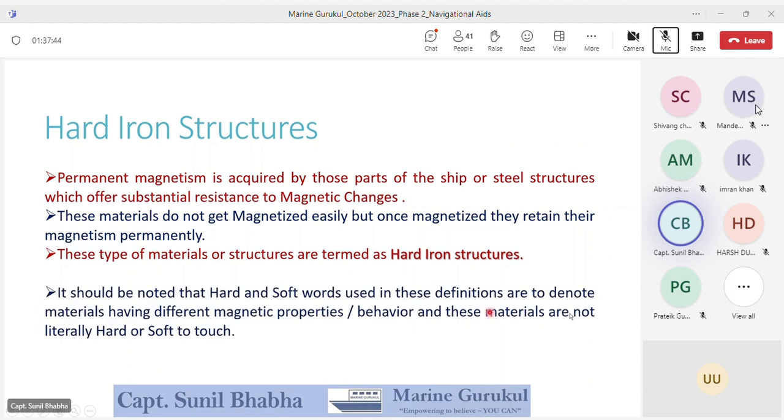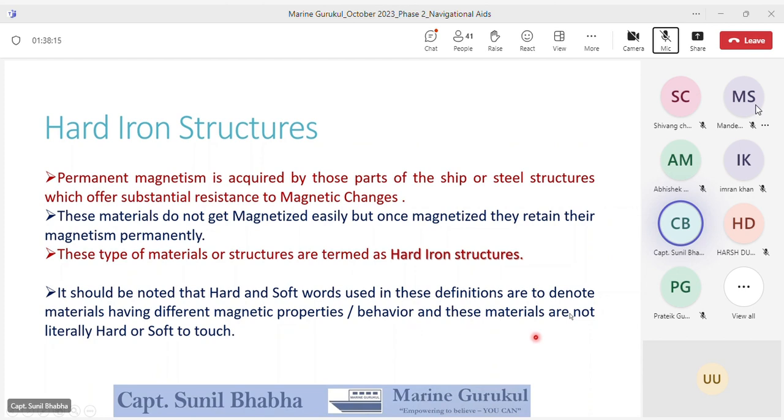Now, one more thing to understand before we proceed ahead. It should be very clear in your mind that these words hard and soft, which we have used in the definitions of hard iron structures and soft iron structures, are basically denoting two different types of structures or materials having different magnetic properties. They relate to their magnetic properties or magnetic behavior.